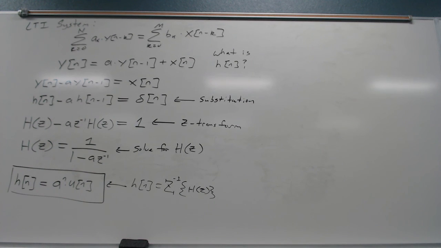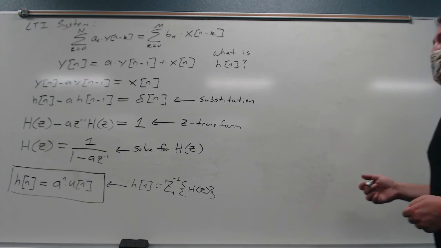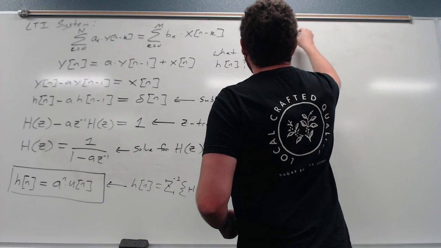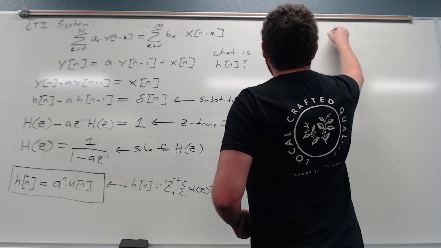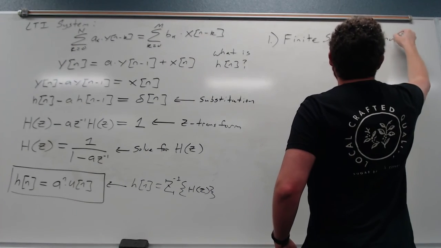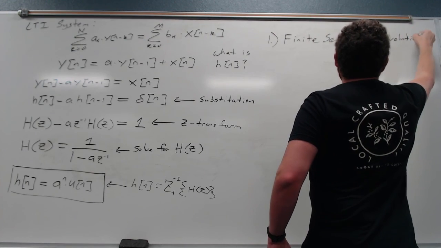Let's see, just a recap. What did we do? We talked about basically 3 different examples here. The first one we did was a finite sequence. Convolution, right?